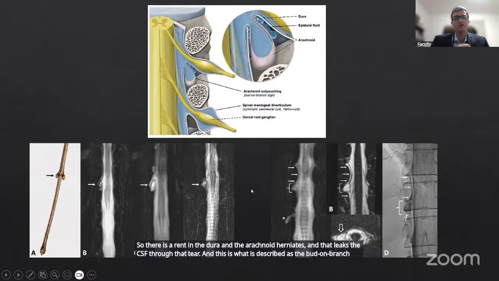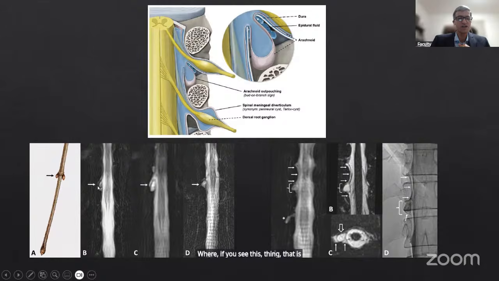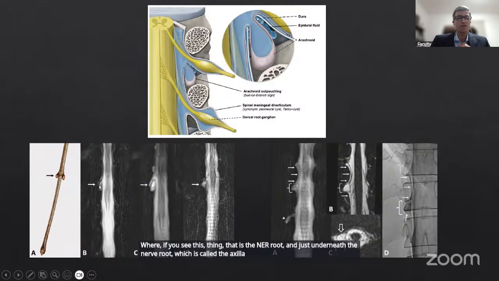So you see them on your coronal T2 MR myelography, where that is the nerve root, and just underneath the nerve root, which is called the axilla of the nerve root, you have this broad-based outpouching, which is nothing but the arachnoid herniation. And this is how it looks on MR, like the bud on branch.